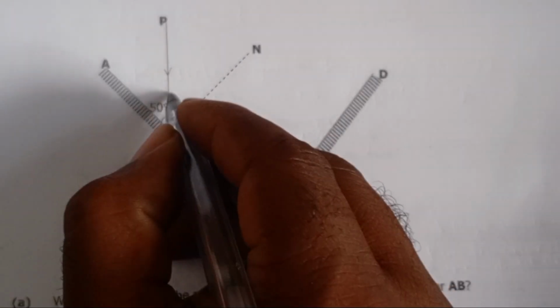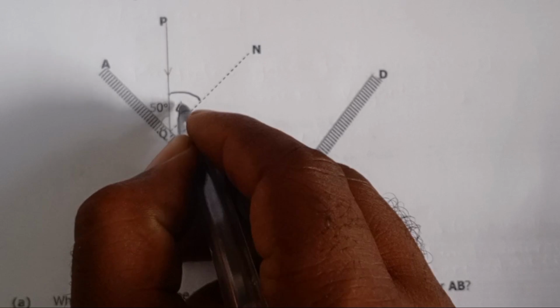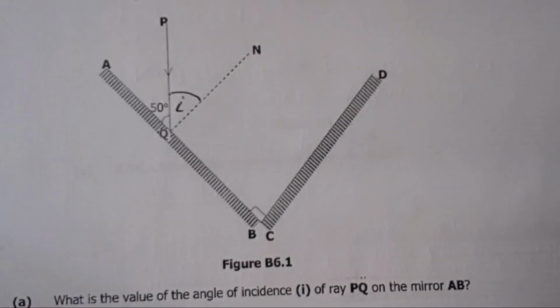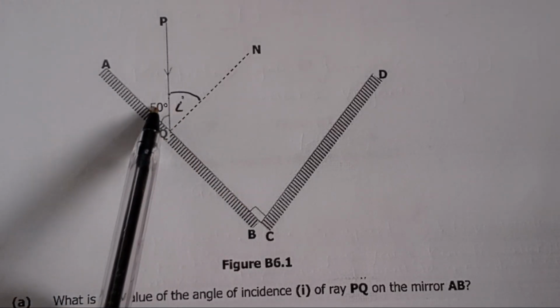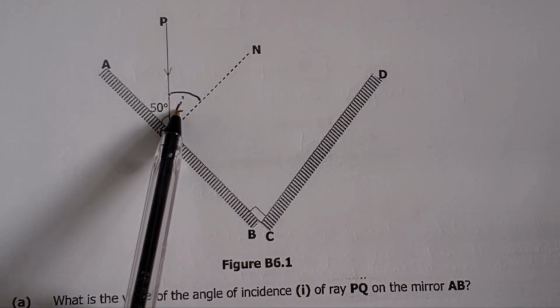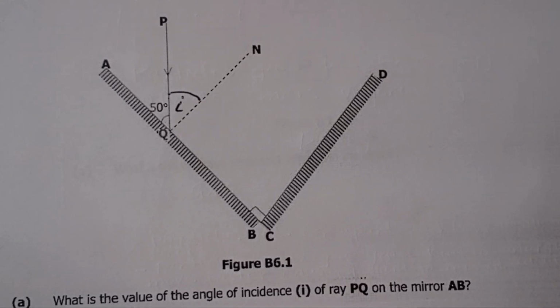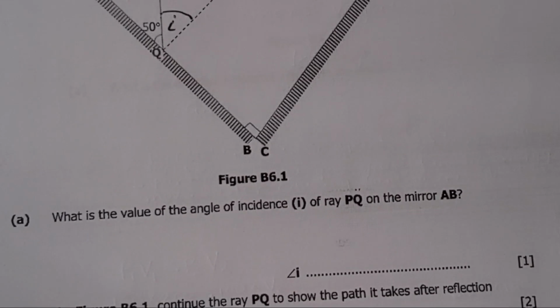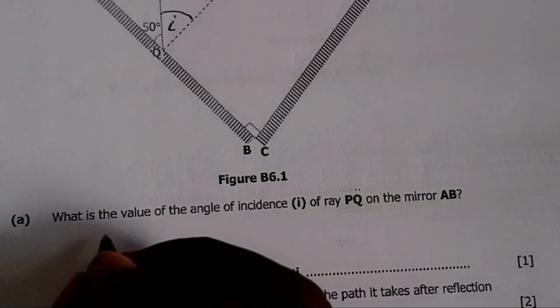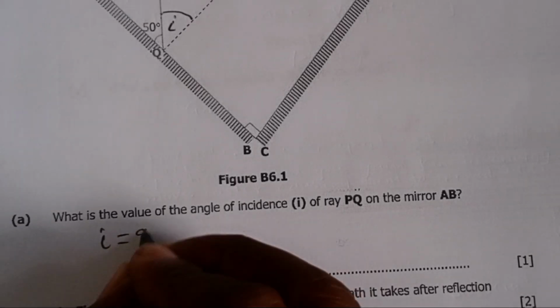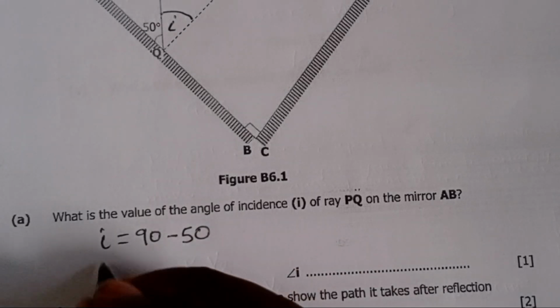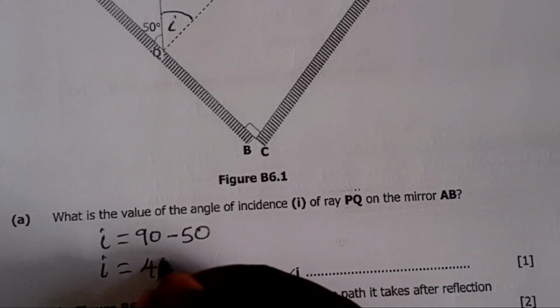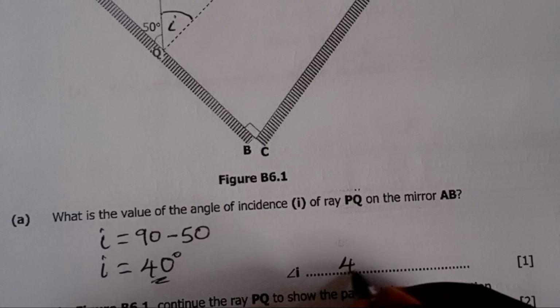You need to understand that the normal is perpendicular to the mirror line. So 50 and the angle I add up to 90 degrees. The angle of incidence is equal to 90 minus 50, which is 40 degrees.